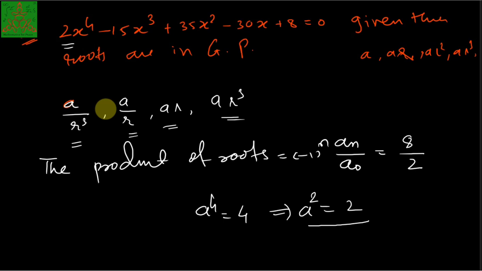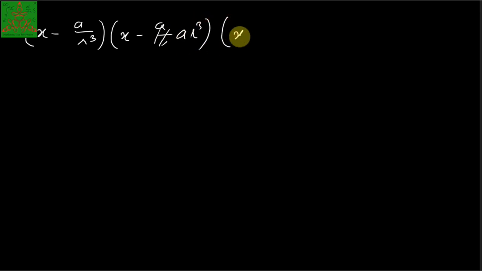Now I will make a pair of these two roots and these two roots and make this equation: x minus a by r cube and x minus ar cube, and another one, x minus a by r and x minus ar.